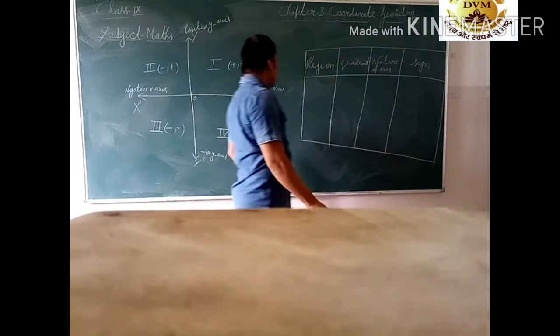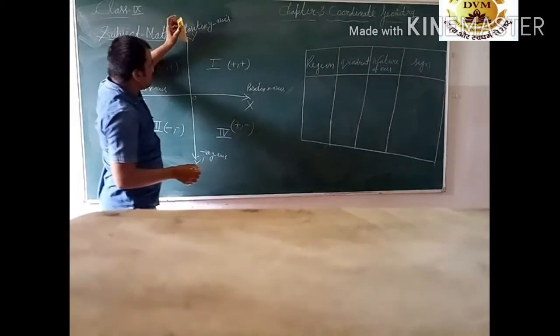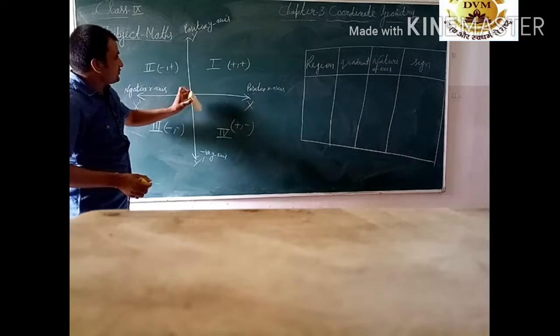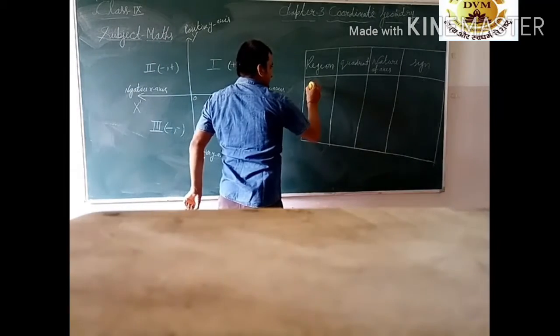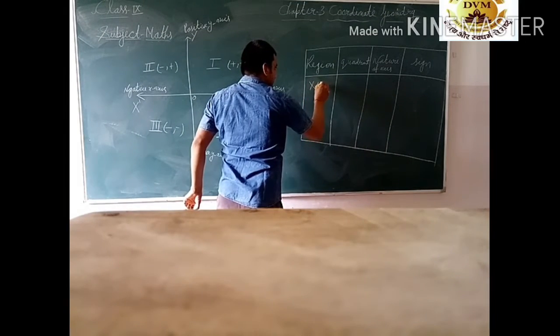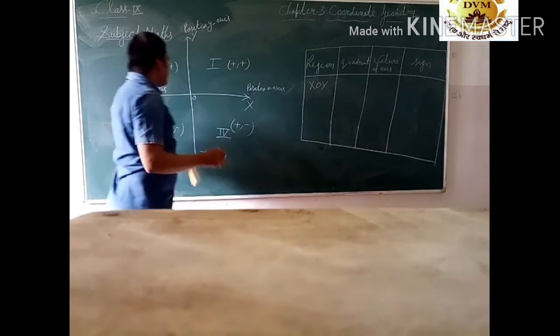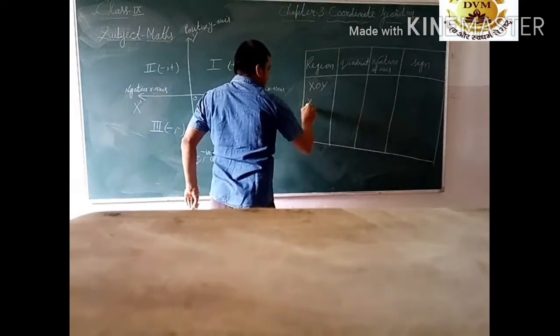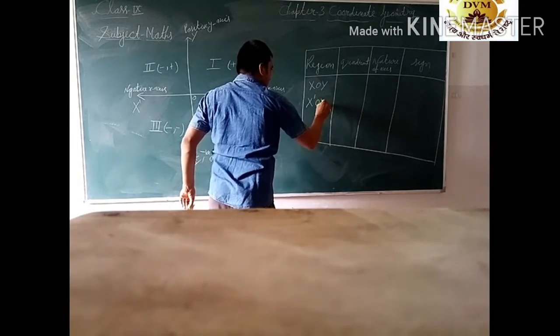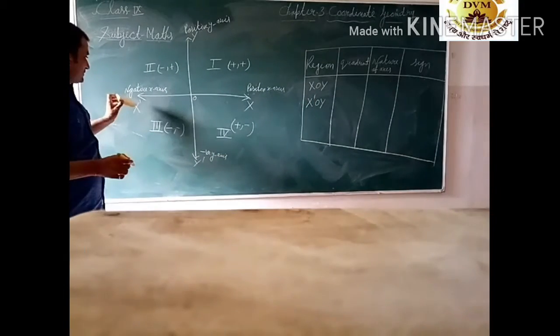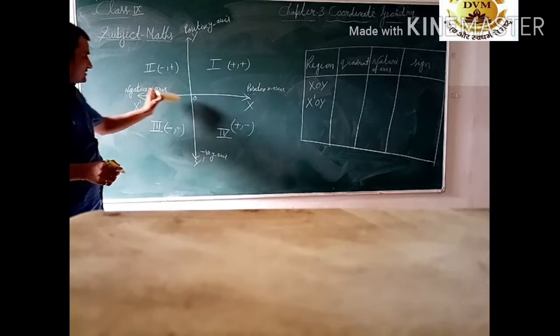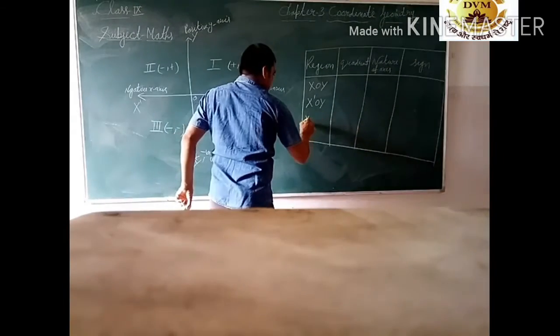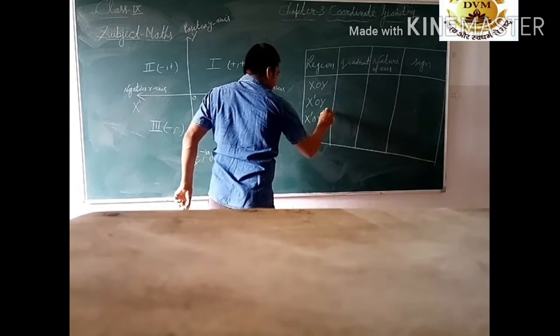I have told you region of the first quadrant is x, o, y. We can write here x, o, y. The region of second quadrant is x dash, o, y. Third quadrant x dash, o, y dash.